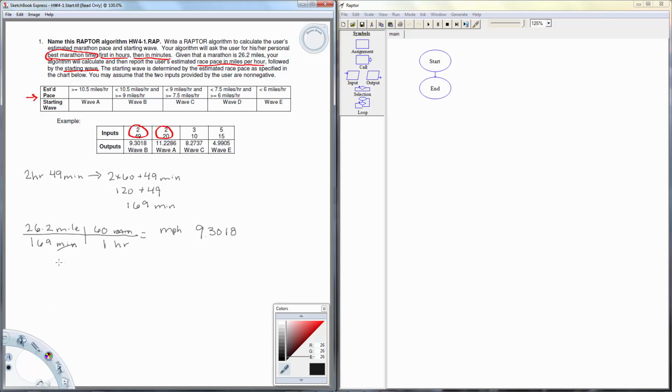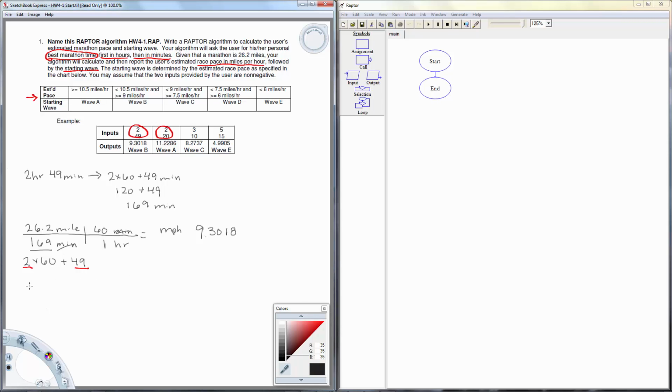But how can we take this specific problem and make it more generic so that we can receive any input? Well, if we look at 169, we'll see that it was simply 2 times 60 plus 49 minutes. And looking more closely at this, what we see is that the only parts that were specific to the particular inputs were the 2 hours and the 49 minutes.